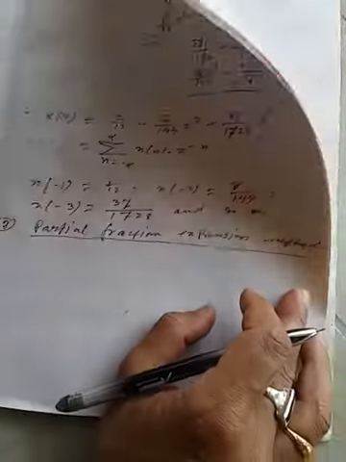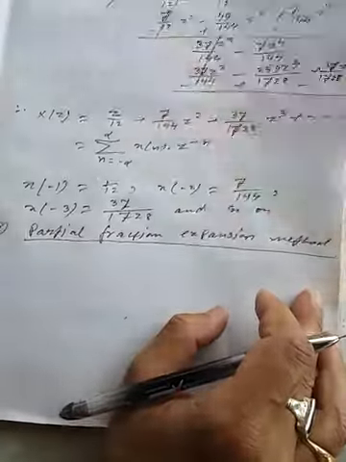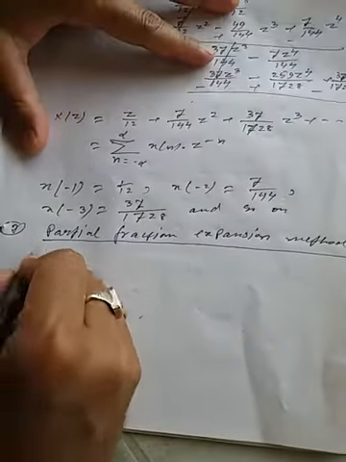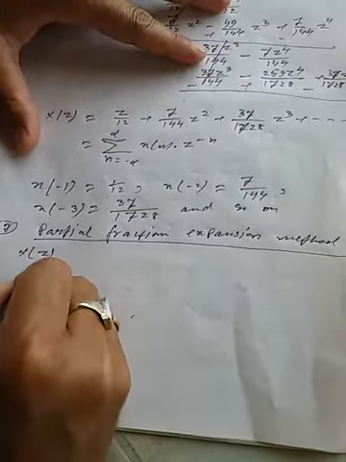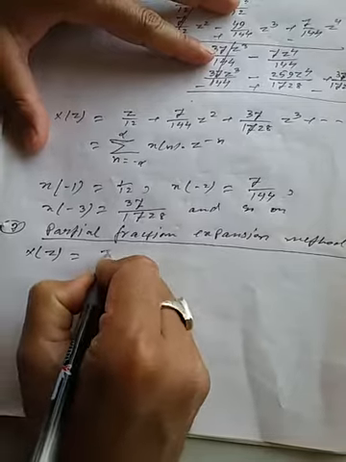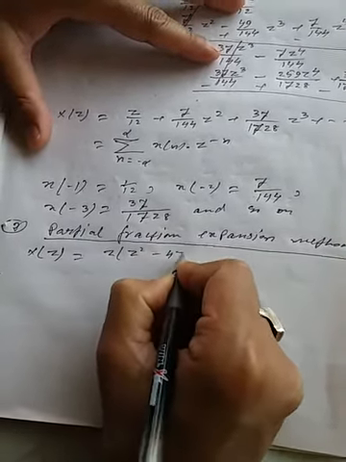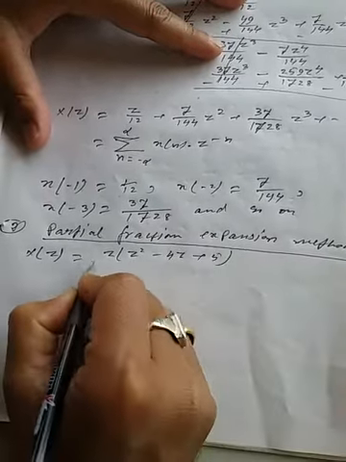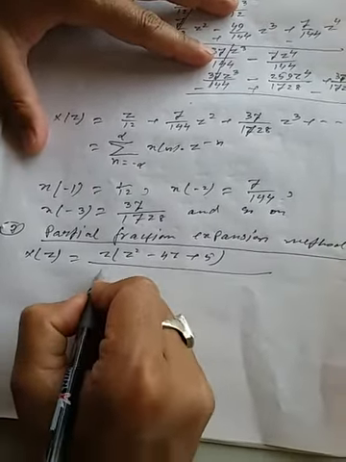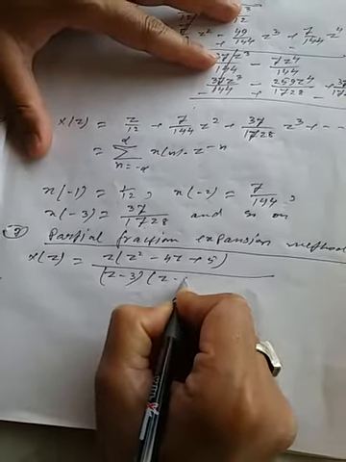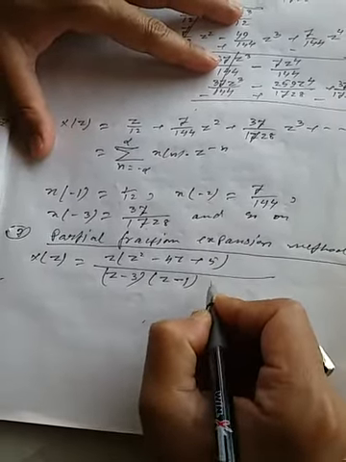Now let us take an example to do this, okay? Suppose X(z) is given by z into (z square minus 4z plus 5) divided by (z minus 3), (z minus 1) and (z minus 2).